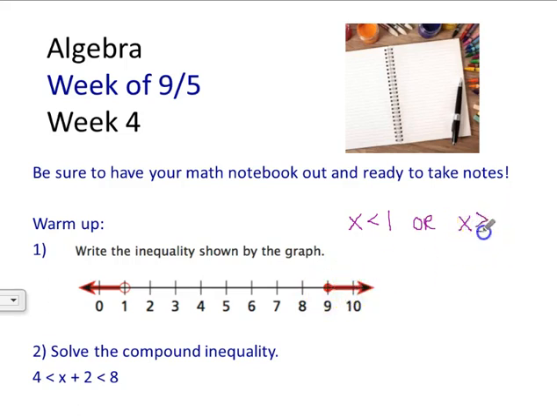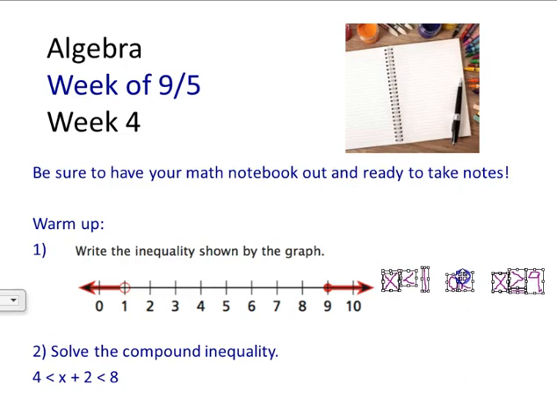Greater than or equal, because it's a closed circle, so we're going to include that equal, greater than or equal to 9. So for number 1, it is a compound inequality. I can move that down next to the graph to show what numbers are included on that number line. So it's going to be x is less than 1 or x is greater than or equal to 9.